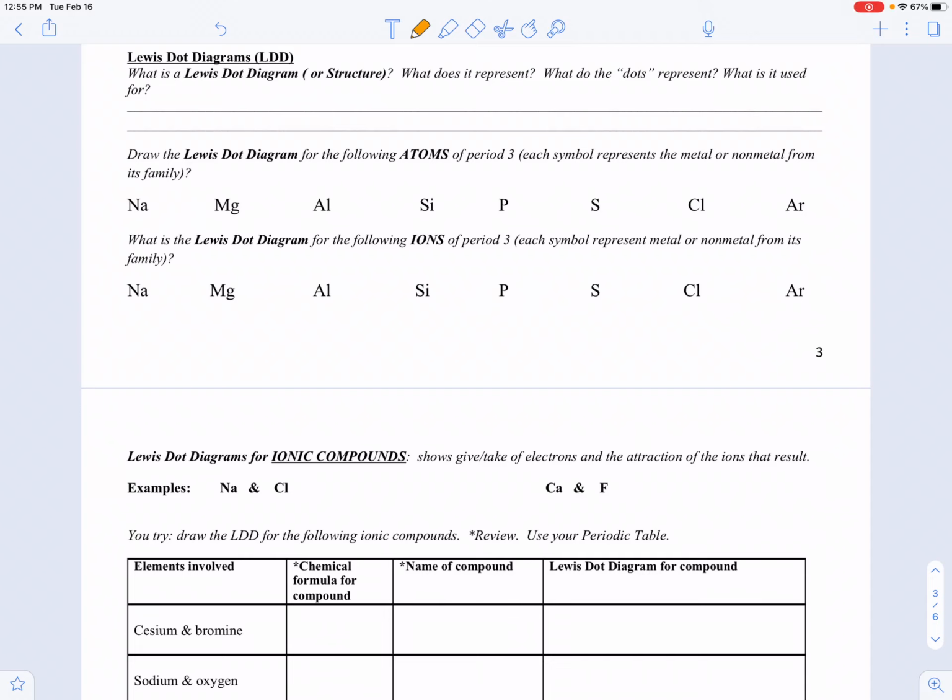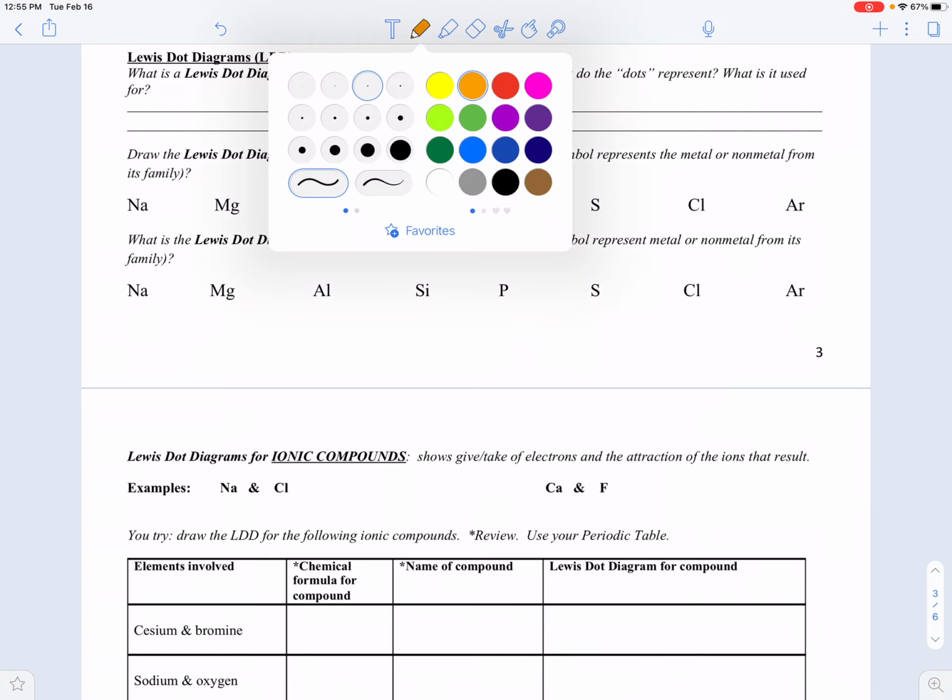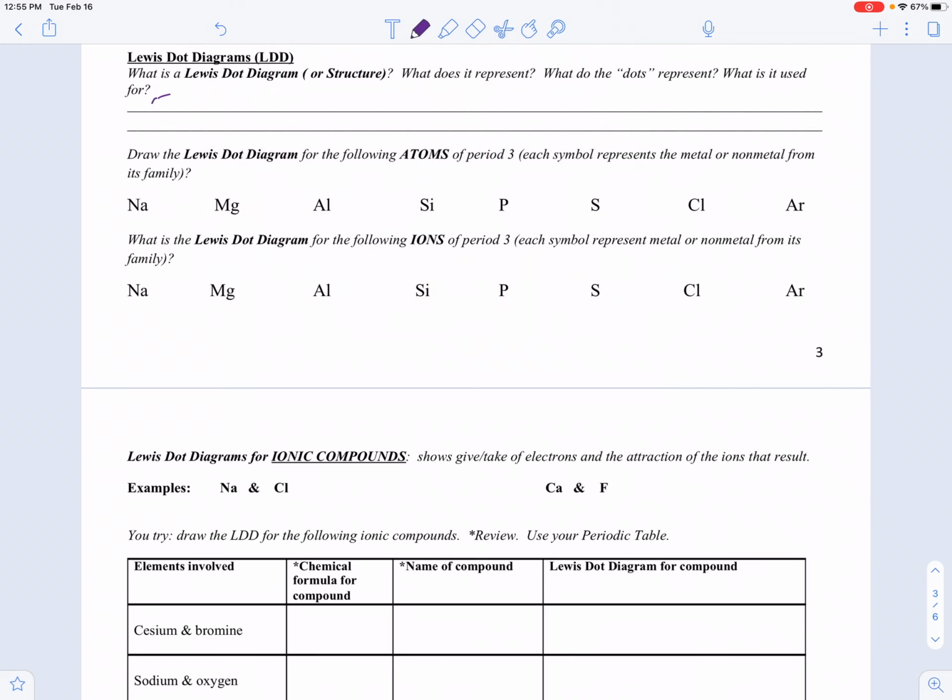We're going to start learning how to draw what are called Lewis dot diagrams or Lewis structures. These are just diagrams that help us represent valence electrons and then what those valence electrons are doing. So again, Lewis dot diagrams, sometimes known as electron dot diagrams or structures.